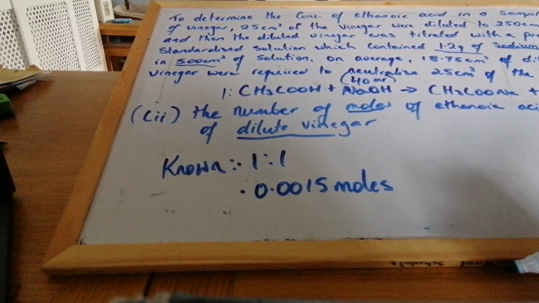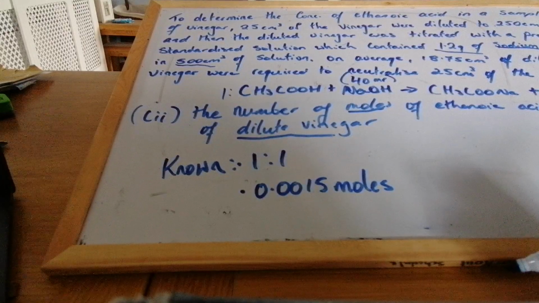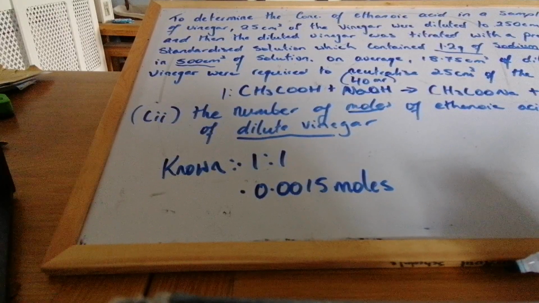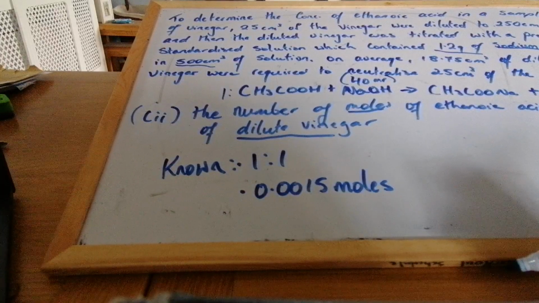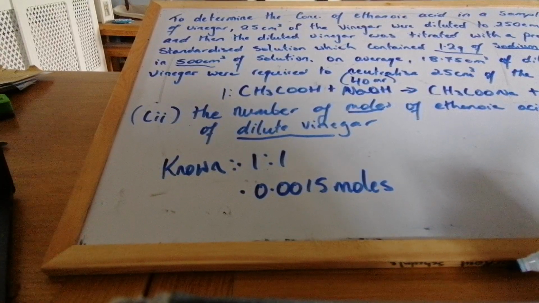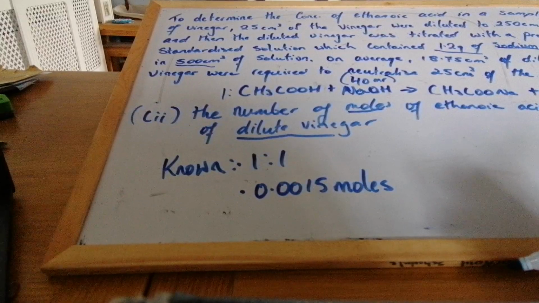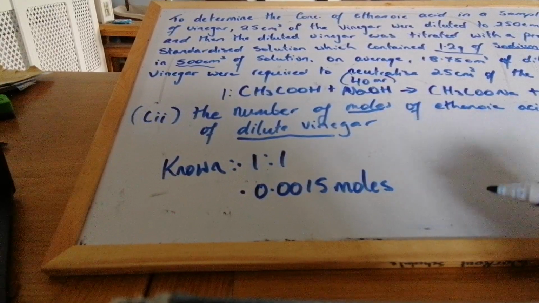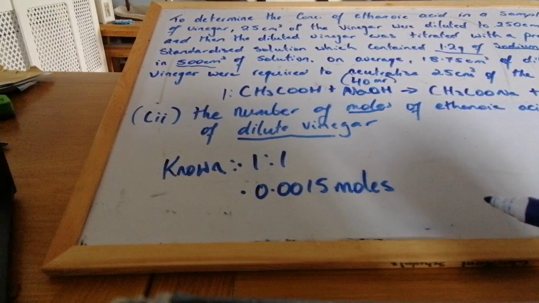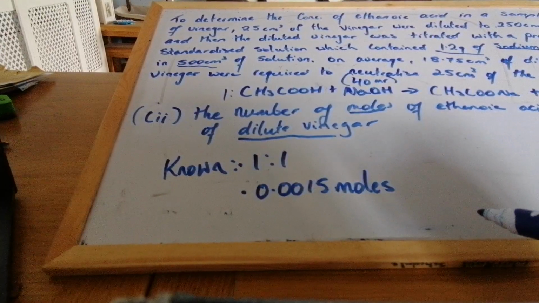Okay, so there was 0.0015 moles used in our 25 centimetre cubed portion of our NaOH. We've calculated that out from the previous question. So what that leaves us with then is we need to find out how many moles are in 1 centimetre cubed of our ethanoic acid.